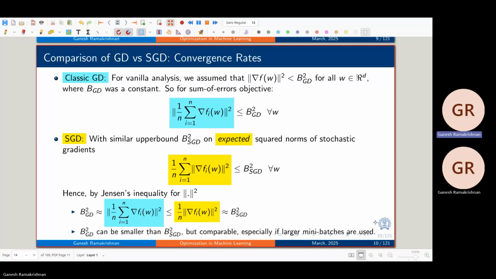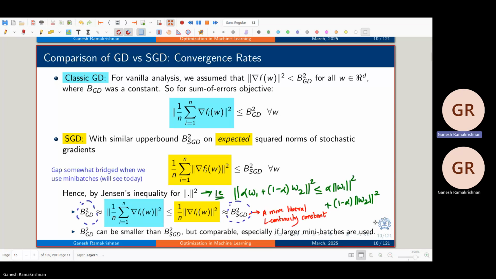Yes, right? So that's the inequality we get here. So the blue should be less than or equal to the yellow. This is just simple convexity, right? If I have alpha W1 plus 1 minus alpha W2, its square is less than or equal to alpha W1 square plus 1 minus alpha W2 square.